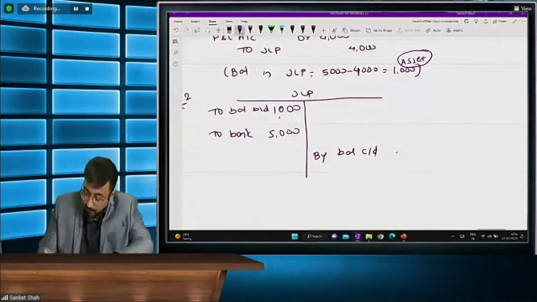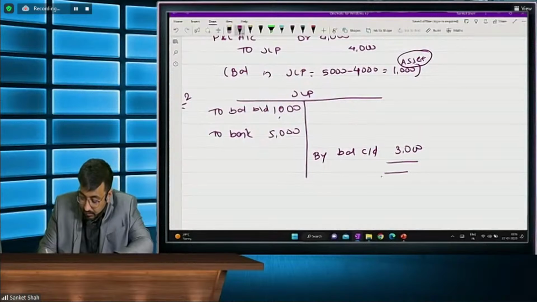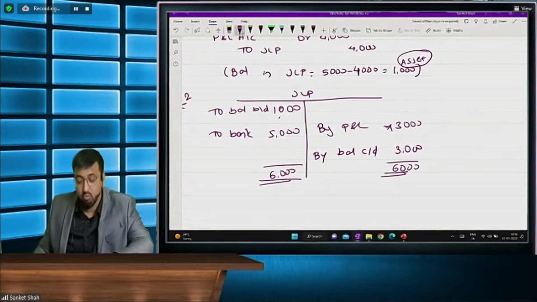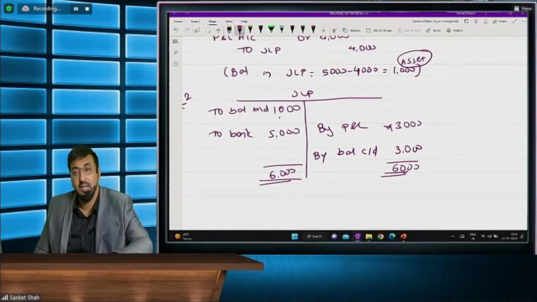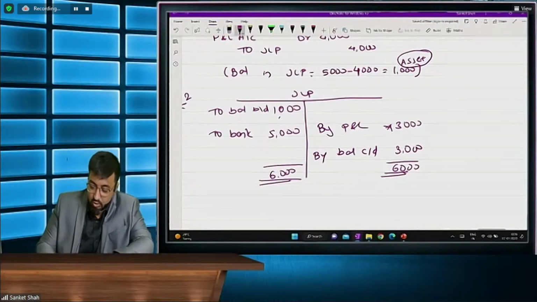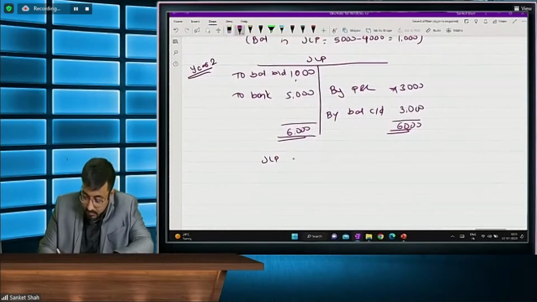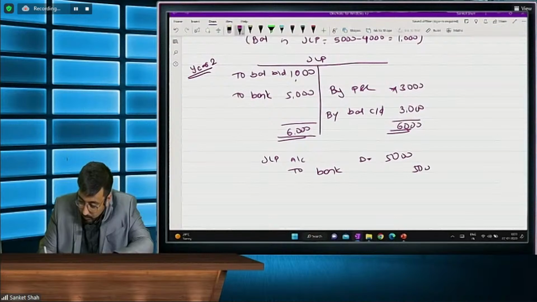And balancing figure by P&L 3,000. Easy hai. So entries year 2: JLP account debit to bank 5,000 and P&L to JLP 3,000.